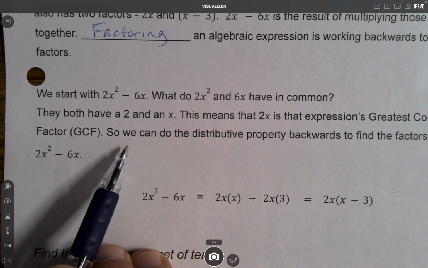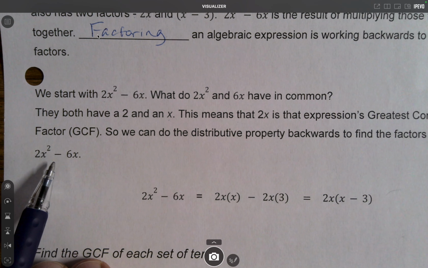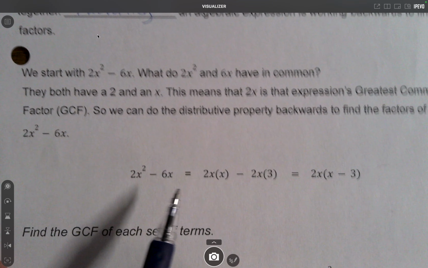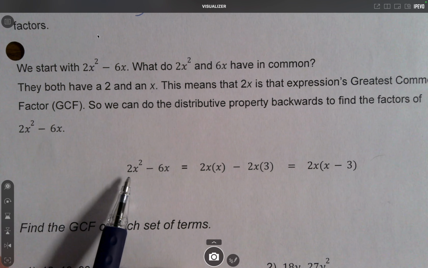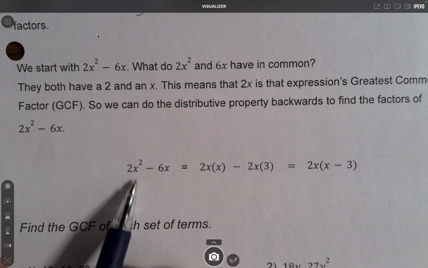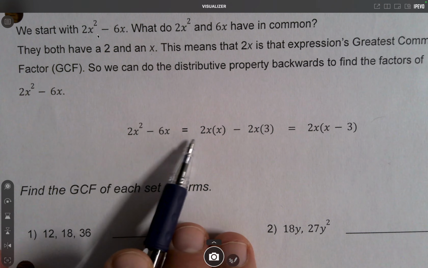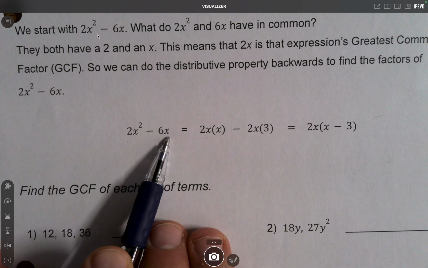We can basically do the distributive property backwards to find out what these factors are. We start with 2x squared minus 6x, and ask what they have in common, which we talked about up here. They're both divisible by 2, and they both have at least one x. So we will divide by 2x, or pull 2x out from each one of them.